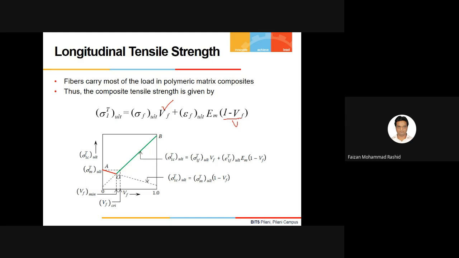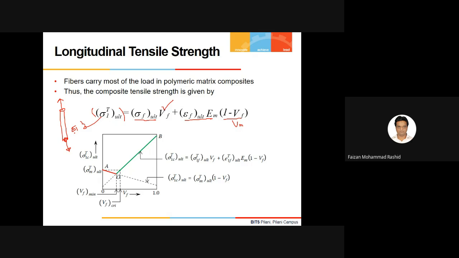You put these values in and you will get the ultimate tensile strength of your composite material in one direction, because this is the direction in which you are pulling, putting the composite material along the fiber. So this is how the number one is coming here, because ultimately E1 will come here.